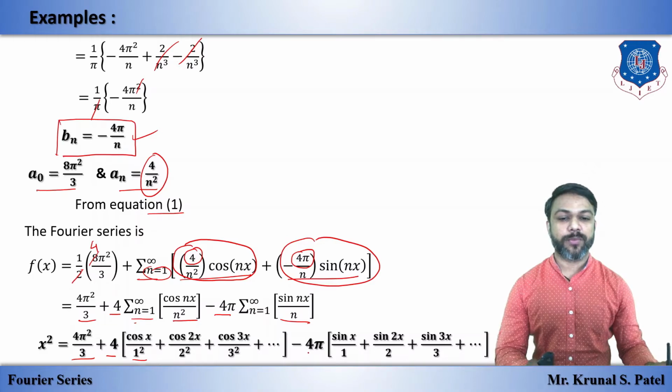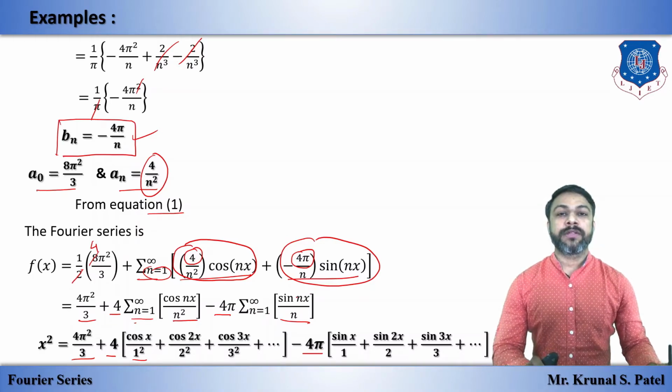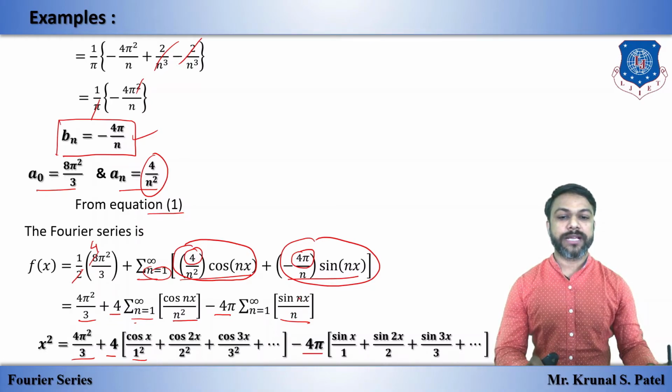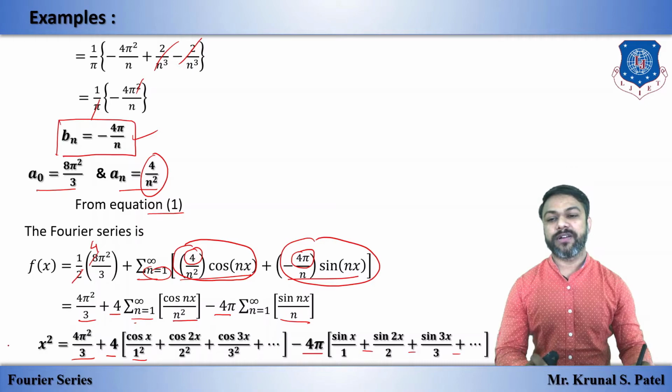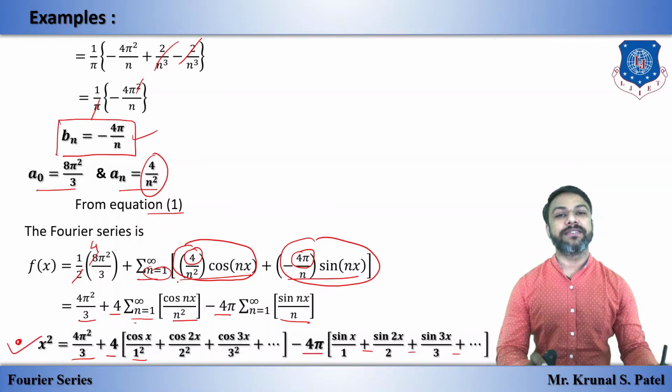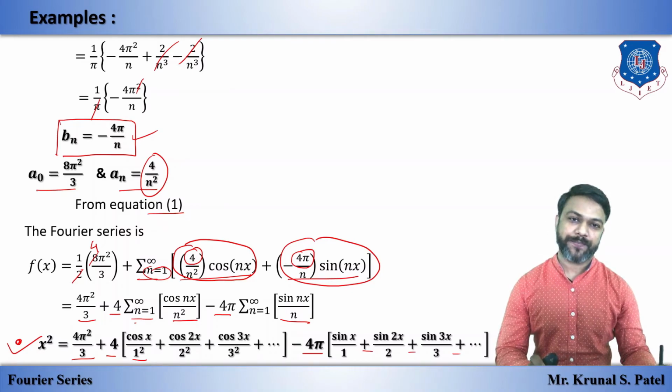Similarly, minus 4 pi as it is, and if we put the value of n, sin x by 1, sin 2x by 2, sin 3x by 3, and sigma, that means summation. So this is our Fourier series for the function f of x in the given interval 0 to 2 pi.